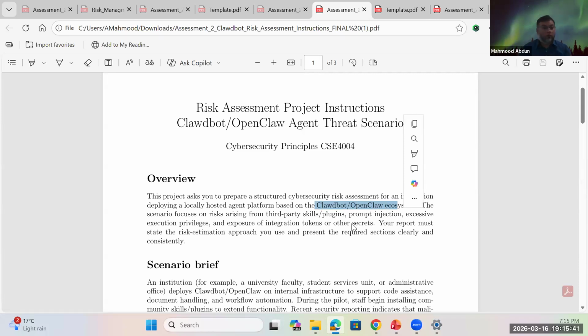And for those of you who don't know what Claude Bot or OpenClaw is, it's an automated, AI-based tool to do stuff. For example, managing your system, developing code, doing anything an LLM assistant you can imagine nowadays would be able to do.